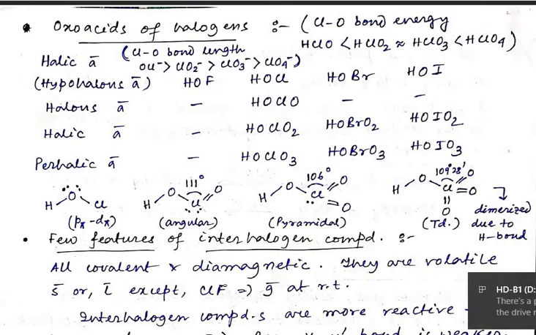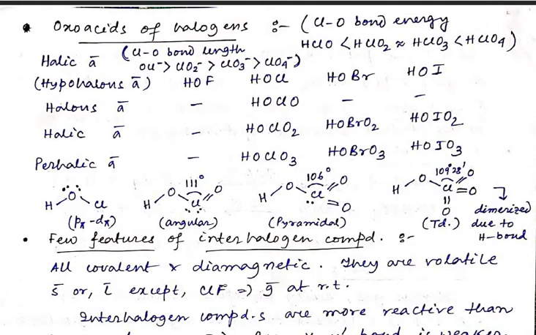The bond strength of the Cl–O bond follows this order: OCl minus greater than ClO2 minus, greater than ClO3 minus, greater than ClO4 minus.